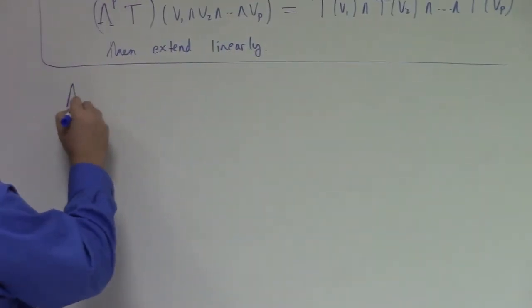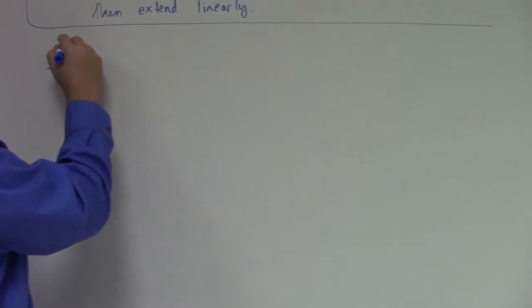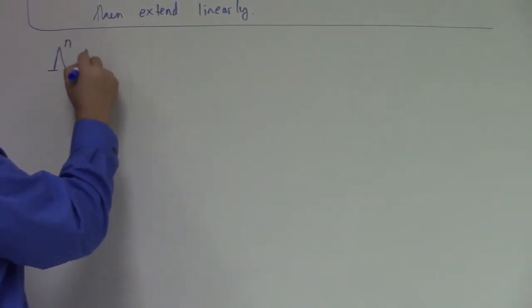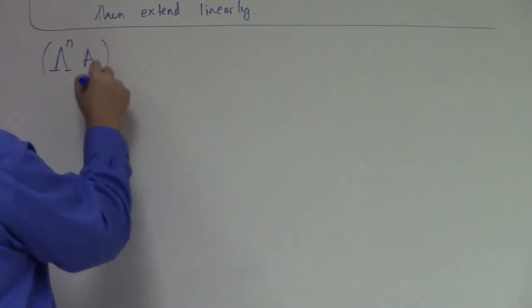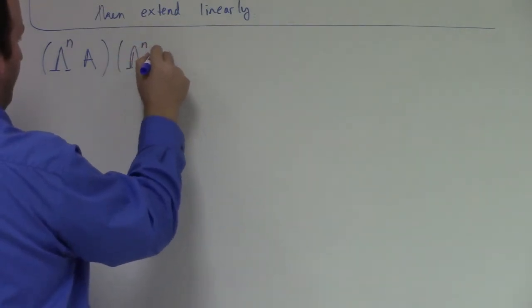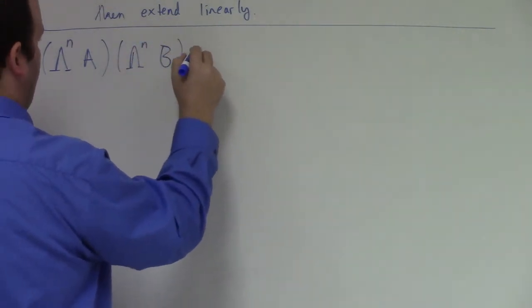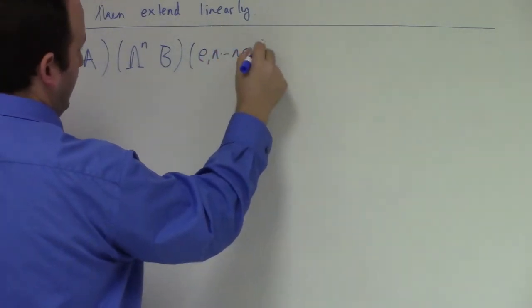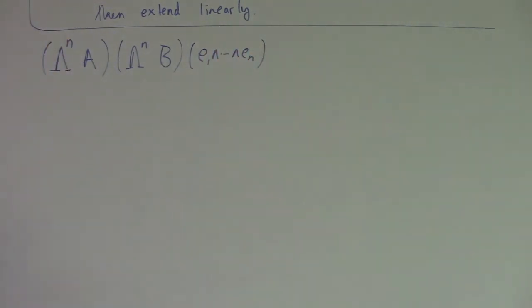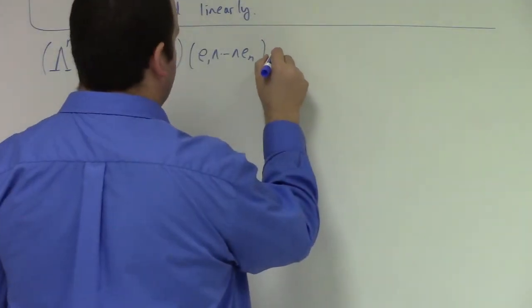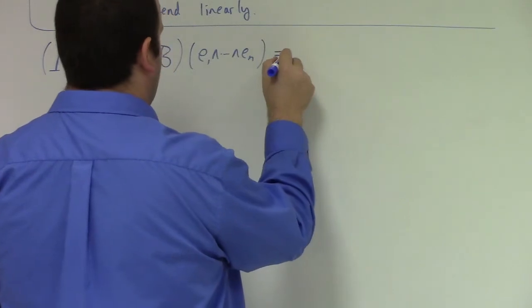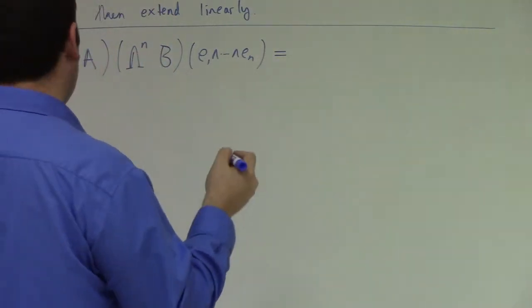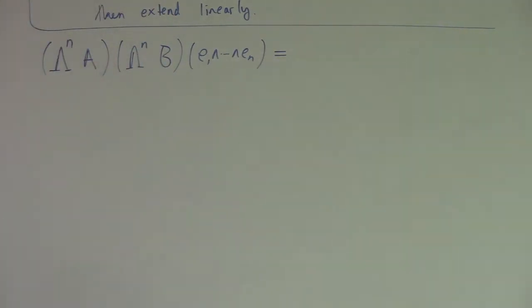So let's look at the nth form of A composed with the nth form of B acting on E1 through En, right? This, oh man, just a second.